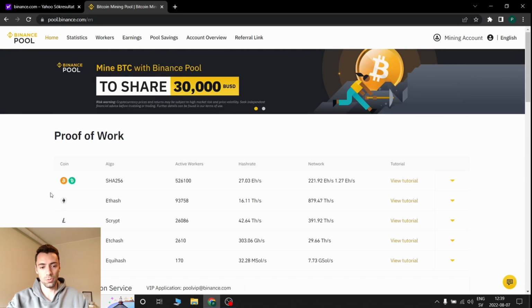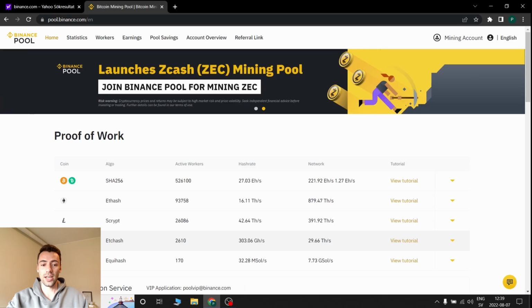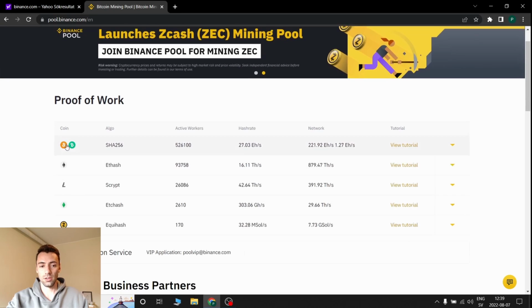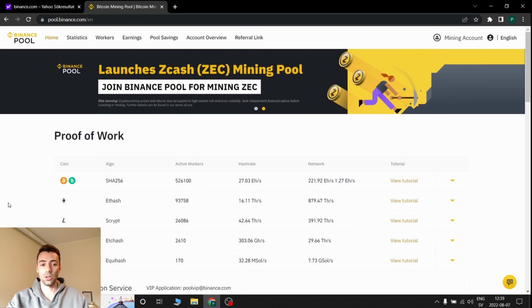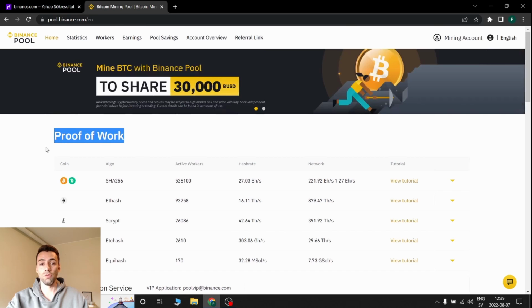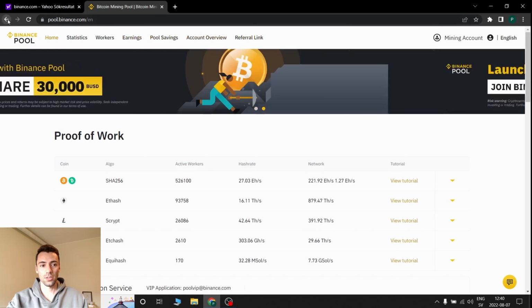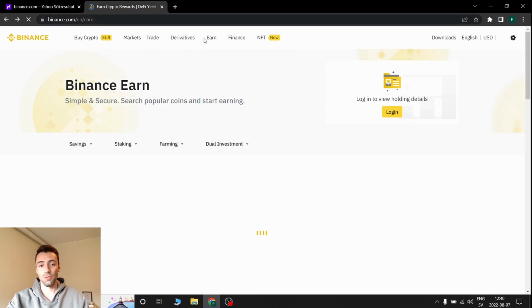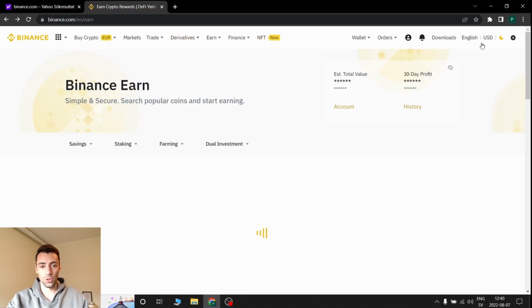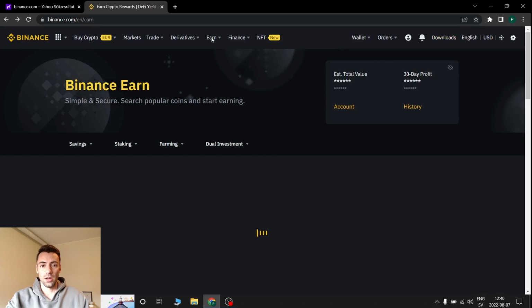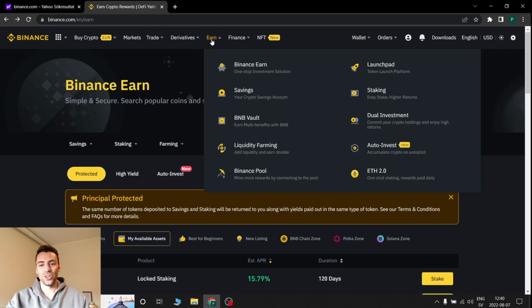For example, Bitcoin, Ethereum, Litecoin, Ethereum Classic, and other currencies based on proof of work, but it's not useful for us again. If you want to do it, it's up to you, but I mostly like the trading part of Binance, but you can also go through that if you want.